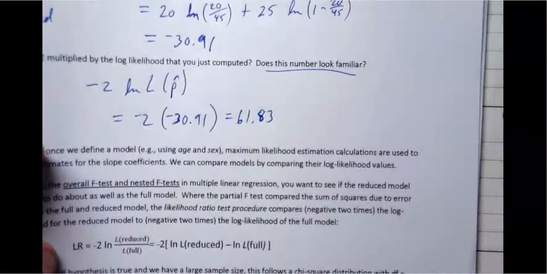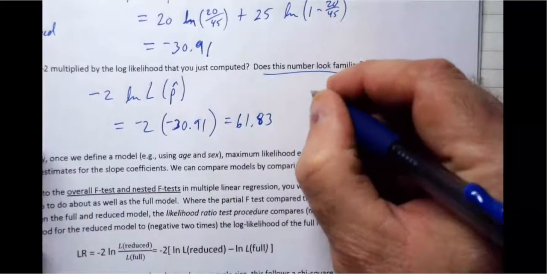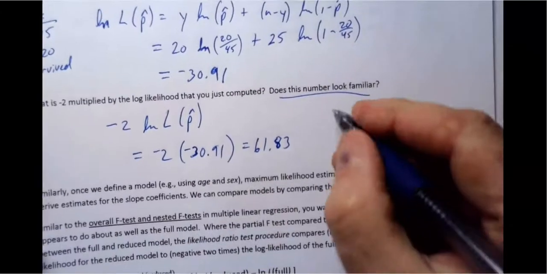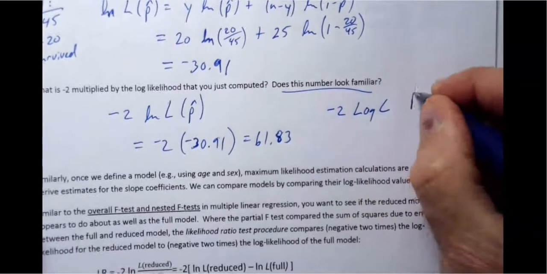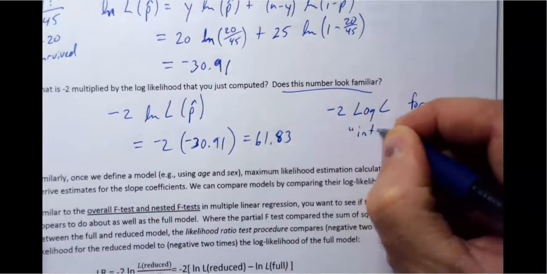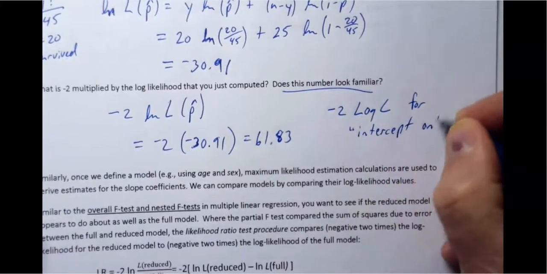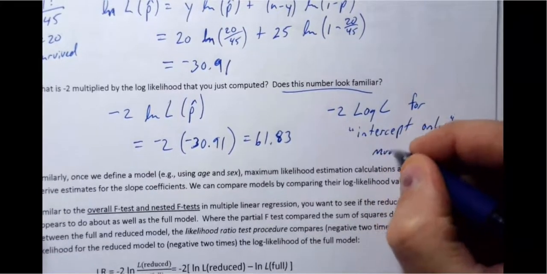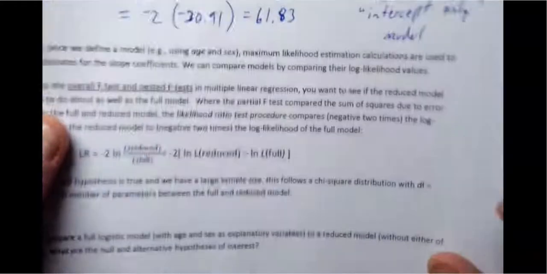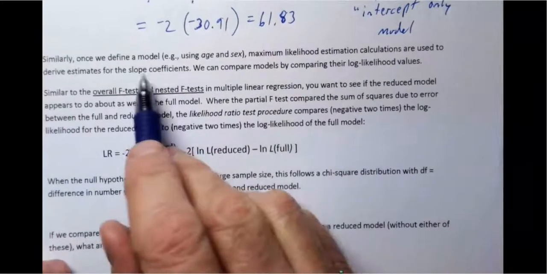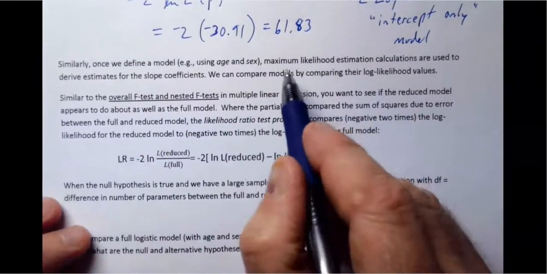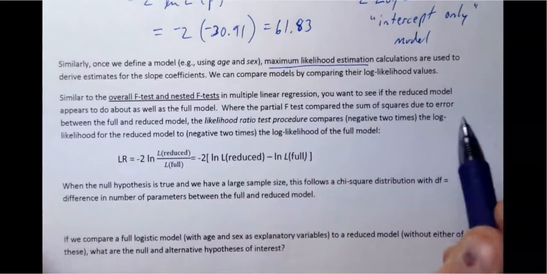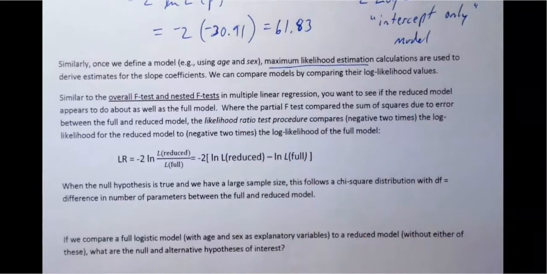In the SAS output, this is labeled as minus 2 log L, log likelihood, for intercept only model. And once we define a model using age and sex, we can do maximum likelihood estimation in the same way. It's a little bit more complicated than what I just did.